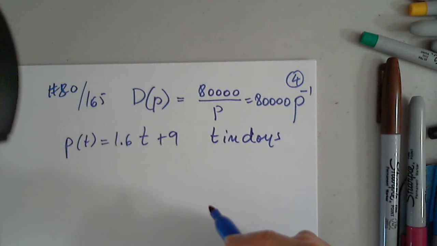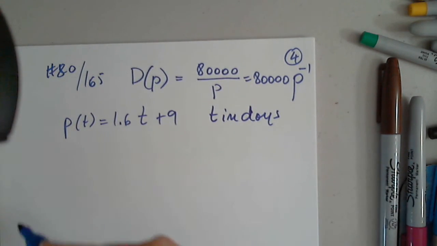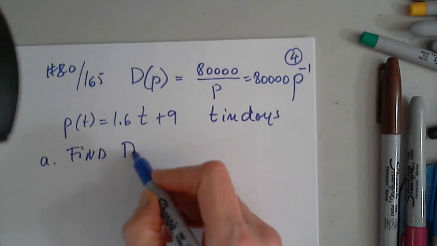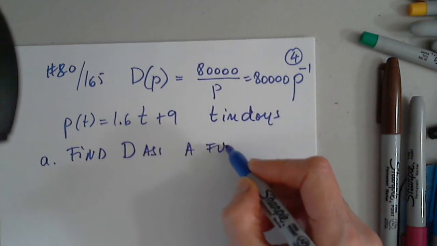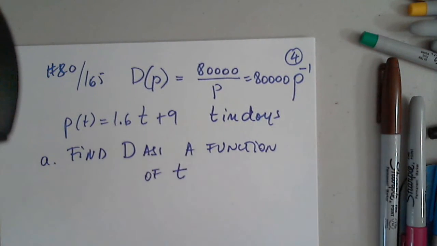Price. What else do they say here? The demand function for... okay, and good, that's it. Find the demand as a function of time T. So in part A, they're asking us to find D as a function of T. How do I do that?